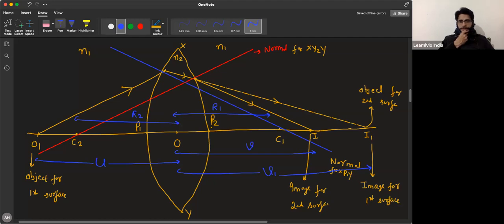For interference, I will need some part of wave mechanics that you did in class 11th. Interference is lengthy. Noted?